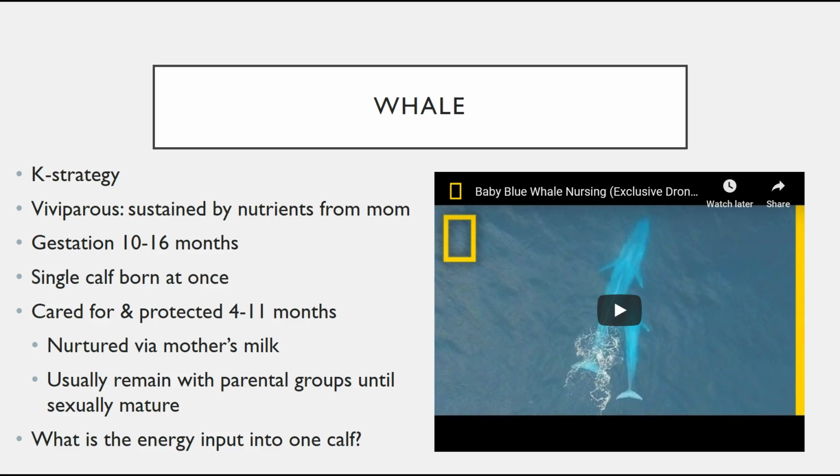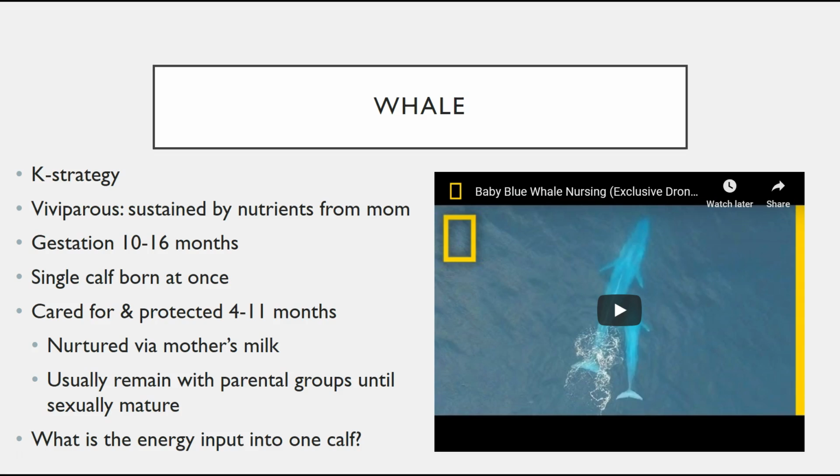So there is a ton of energy in preparing to birth one calf. After birth, that single calf is cared for and protected for up to 11 months. On top of that, certain species of whale, not the blue whale because we've already talked about the fact that they're solitary, but lots of species like orcas are community whales and live in pods, so the calves are not only protected by the mother, but also by the entire pod.